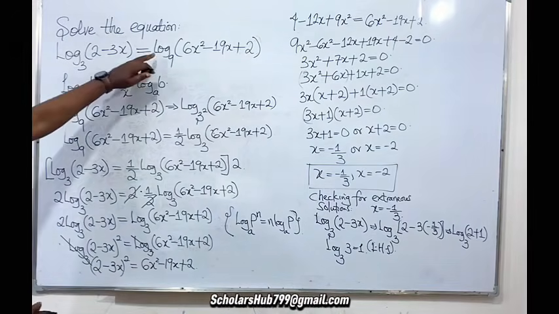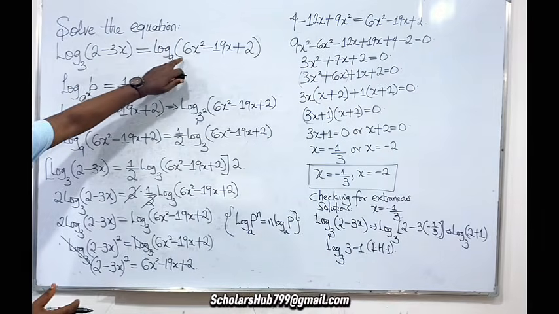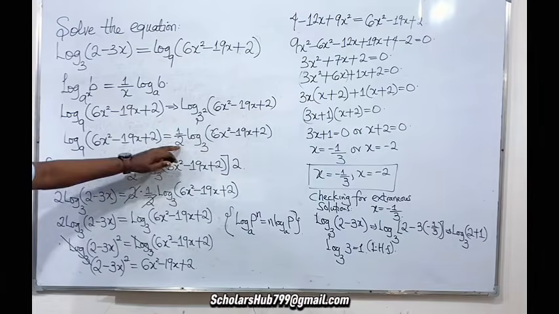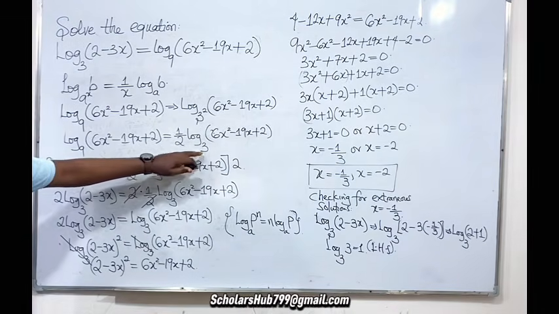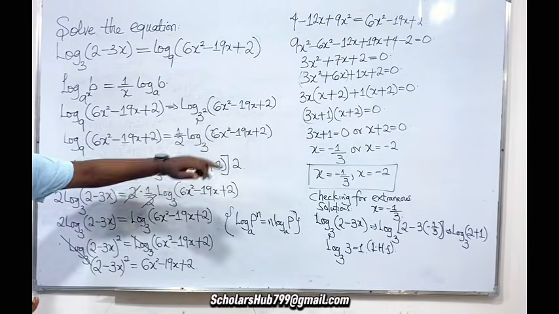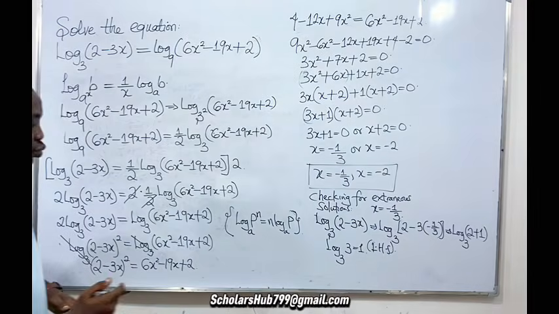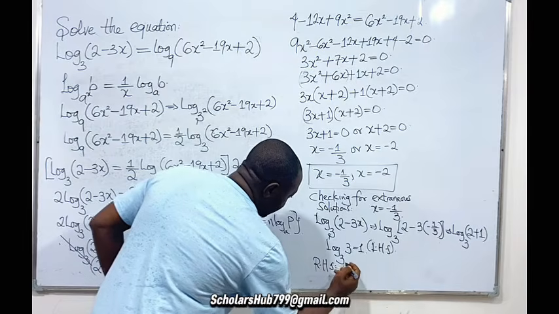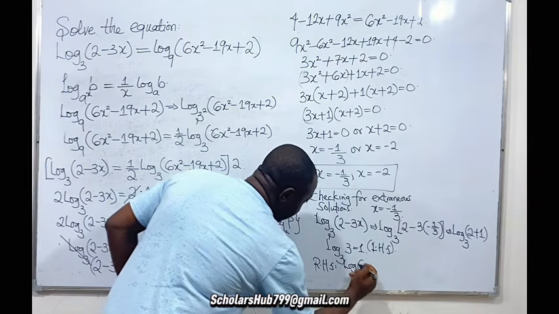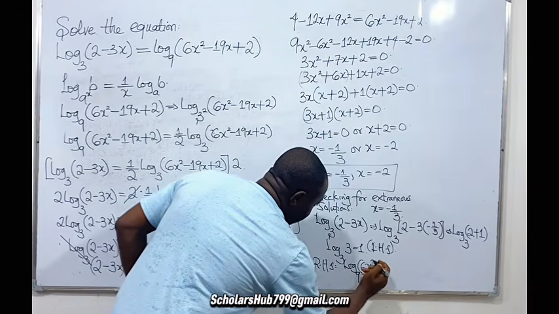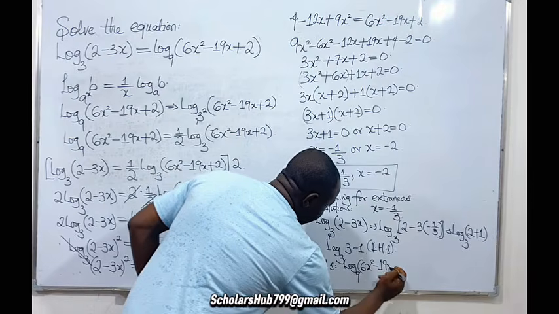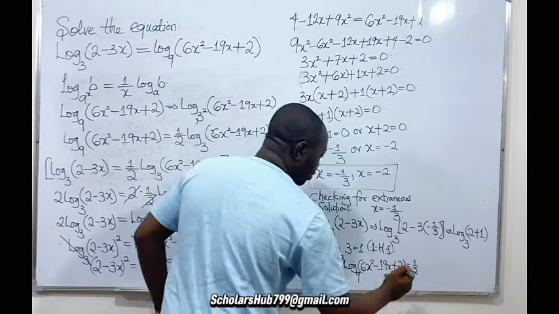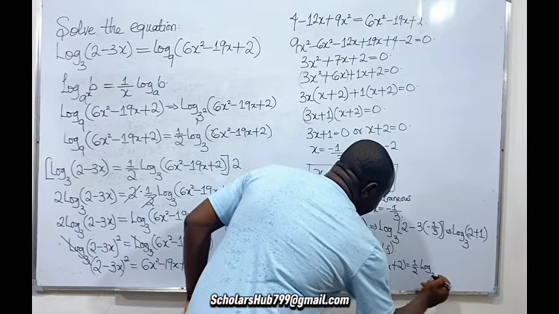And let's not forget that log base 9 of parenthesis 6x squared minus 19x plus 2 is the same as 1/2 of log base 3 of 6x squared minus 19x plus 2. So we have that the right hand side, which is log base 9 of parenthesis 6x squared minus 19x plus 2, is the same thing as 1 over 2 log to base 3.